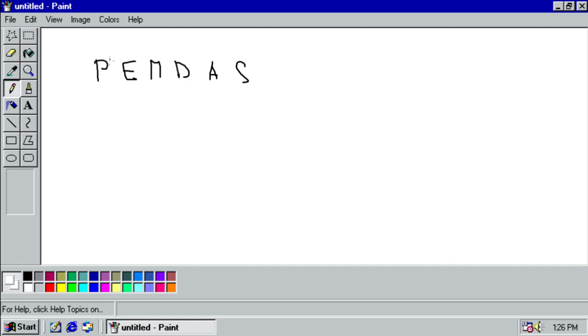So, P means parenthesis. E means exponents. How do you write an exponent? 2 to the x.